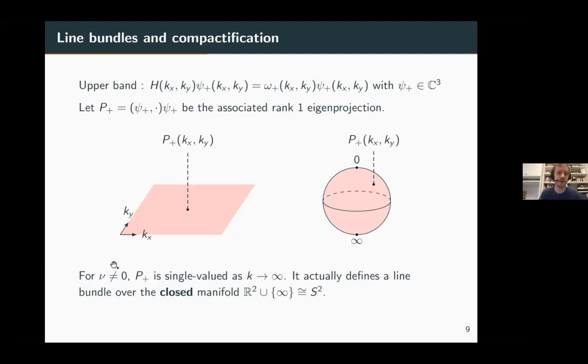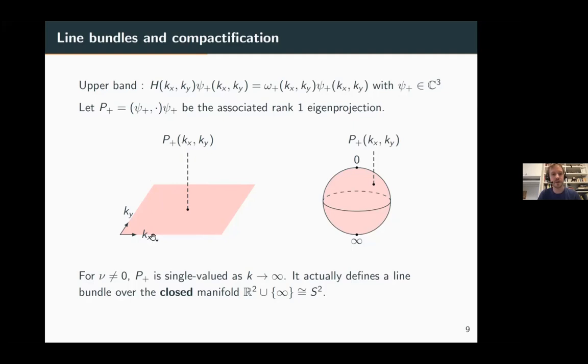Now, if we look at this odd viscous term, when it's non-zero, then this eigenprojection is actually single valued as k goes to infinity. Namely, its value is independent of the direction in which you go to infinity.